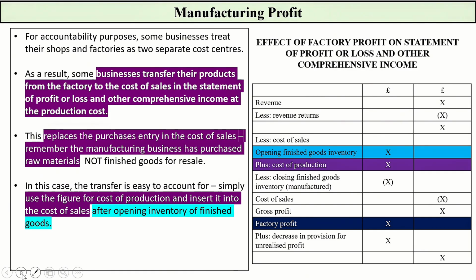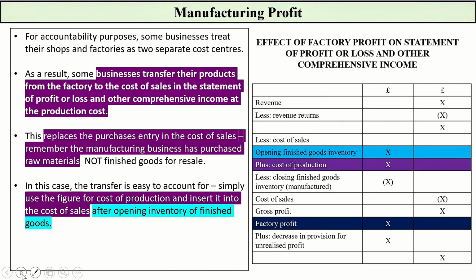Manufacturing profit. For accountability purposes, some businesses treat their shops and factories as two separate cost centers. As a result, some businesses transfer their products from the factory to the cost of sales in the statement of profit or loss and other comprehensive income at the production cost.